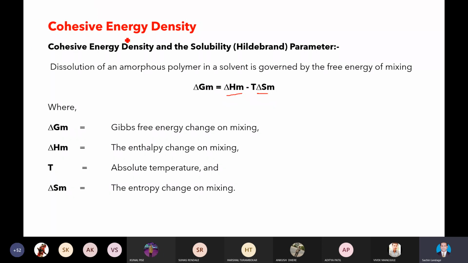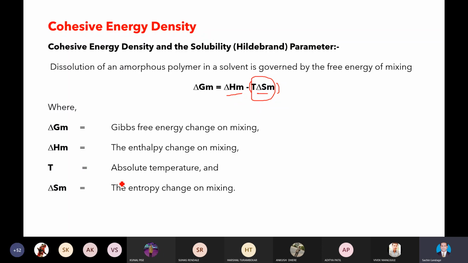This T delta S term will rise. Why? Because temperature is increasing, this term's value will go on increasing and the fiber will get dissolved.